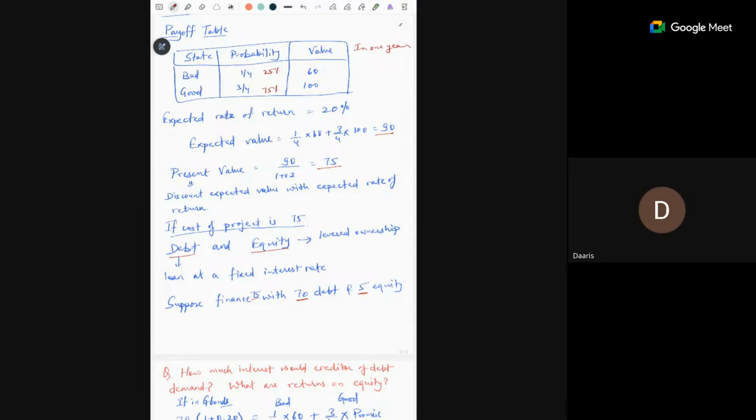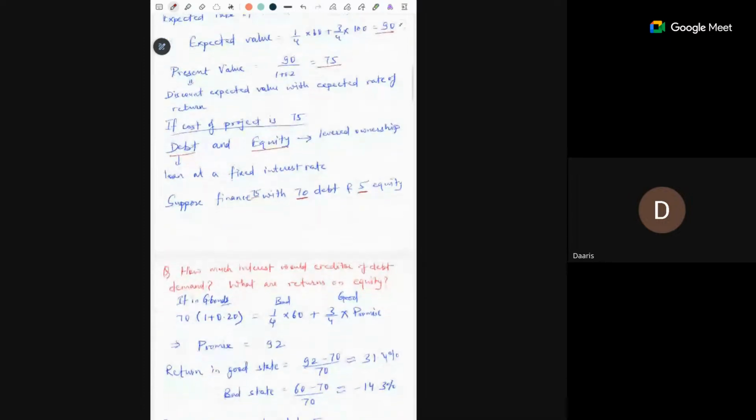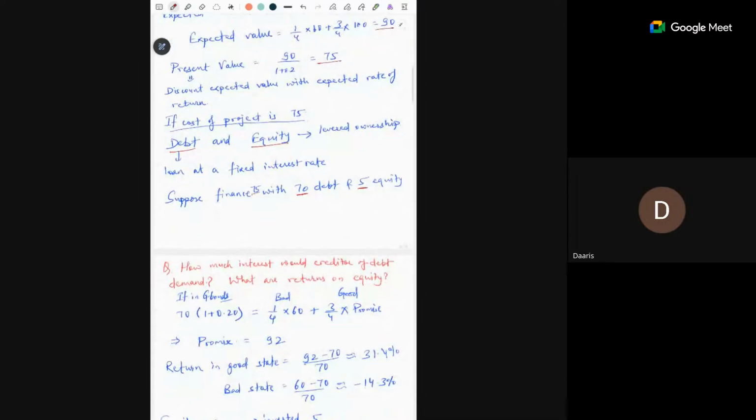Now the question asks how much interest the creditor of the debt should demand. The rule about debt and equity is that the debt creditors are paid off first, and later the equity owners are paid off.